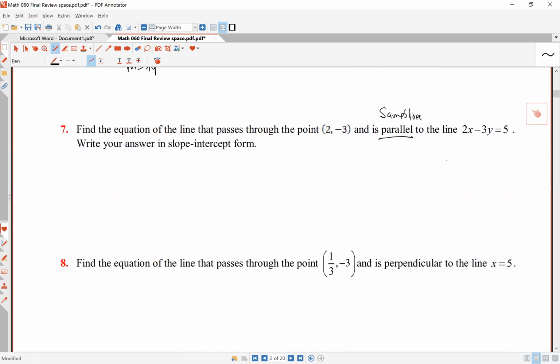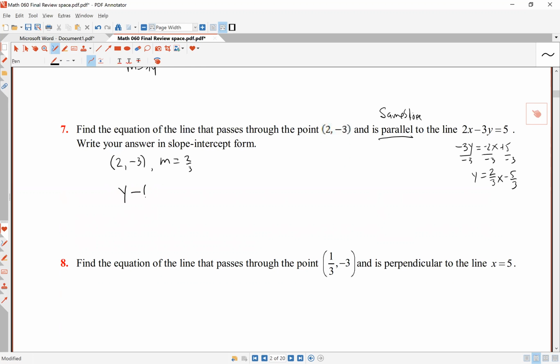And so if I've got the line 2x minus 3y equals 5, I subtract 2x from both sides and then divide by -3. So therefore, we use the point 2, -3, and we use a slope that's the same, 2/3.